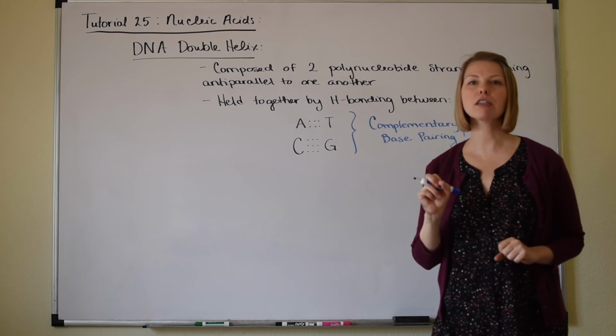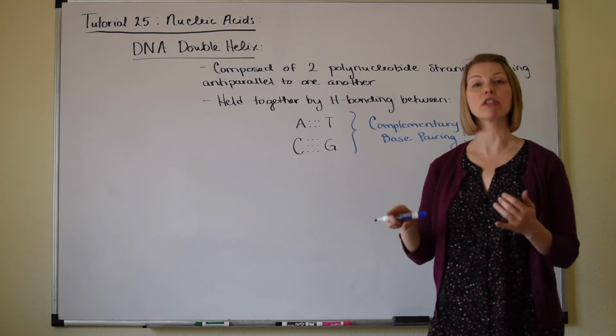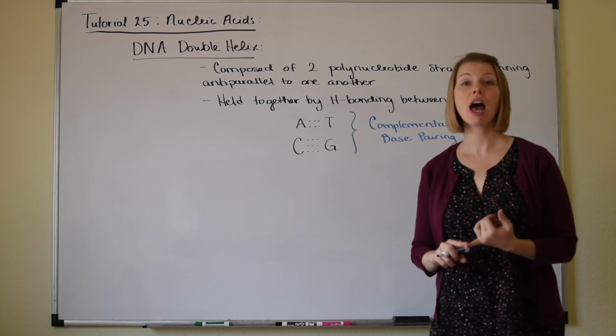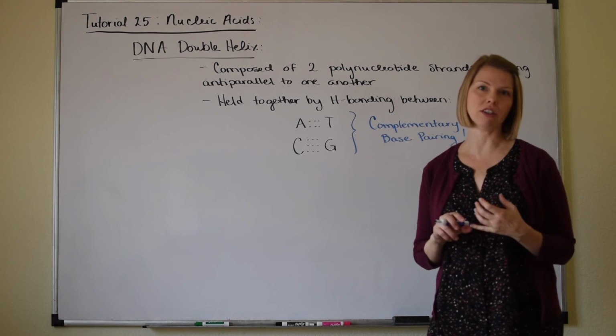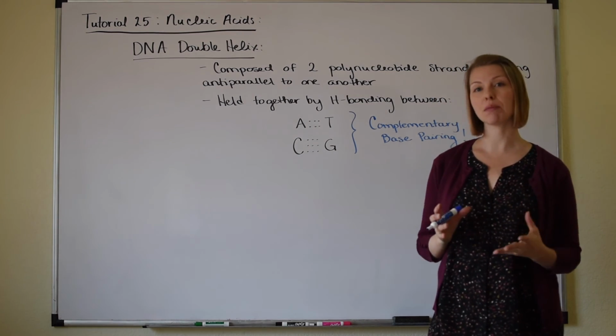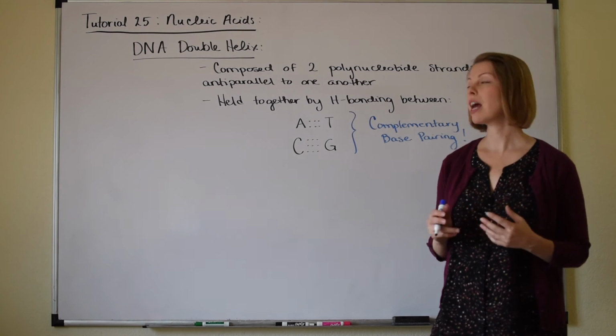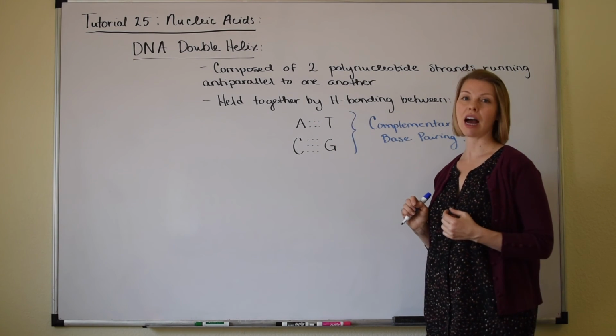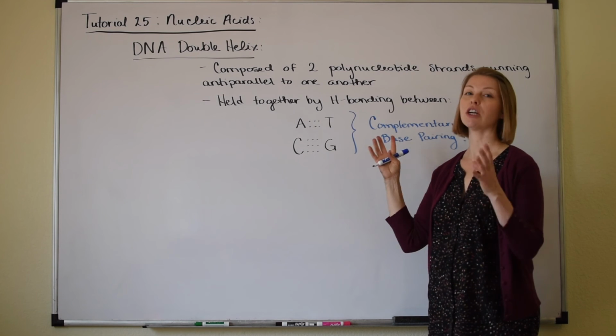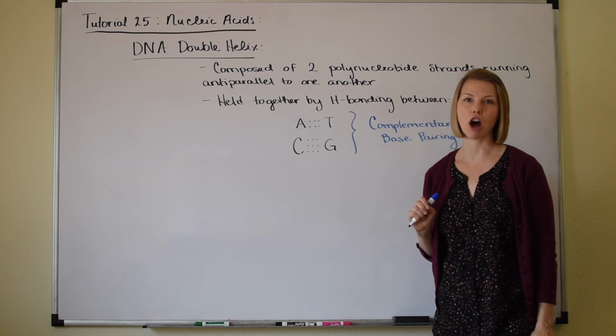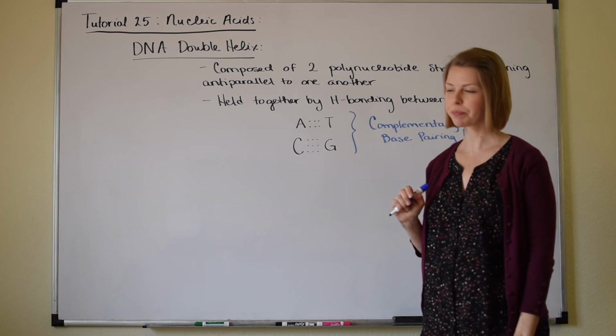It is going to be fundamental to you understanding how DNA replication occurs, as well as transcription and translation. So keep this in mind. You need to remember A and T hydrogen bond and C and G will hydrogen bond. That is complementary base pairing.